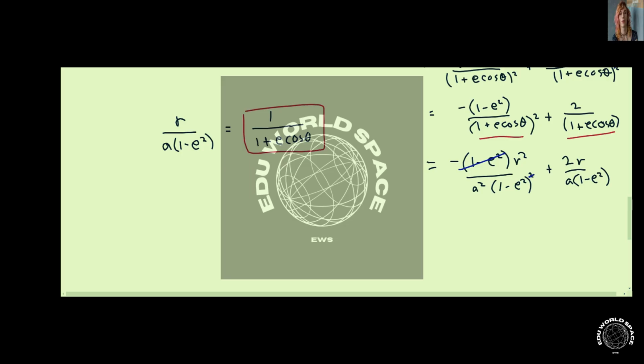And so the stuff in parentheses actually reduces to the following. 2 over R times A. And now I have my substitution on my eccentricity, B squared over A squared, minus R squared over A squared times B squared over A squared.